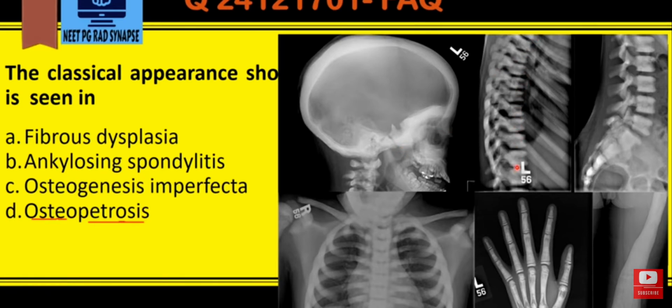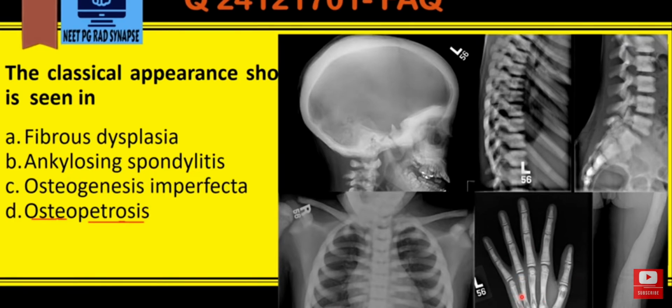In the vertebra, you see this sandwich appearance, that is the end plate sclerosis, the sandwich sign of osteopetrosis. The bones are dense, with diffuse osteosclerosis. The medullary cavity is also involved. That is why there is anemia, thrombocytopenia, and extramedullary hematopoiesis leading to hepatosplenomegaly.